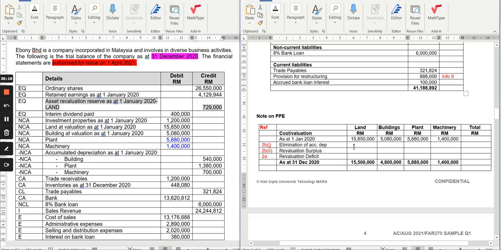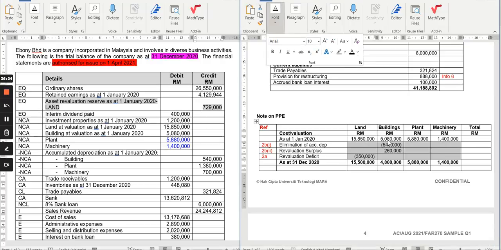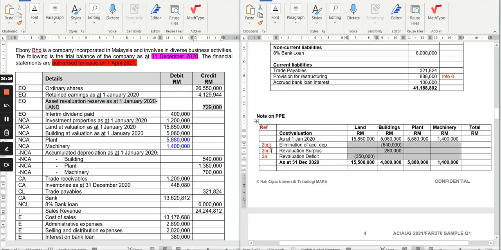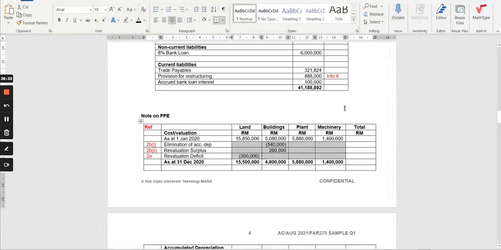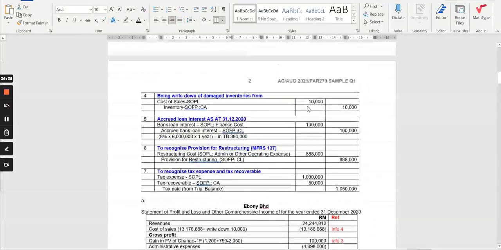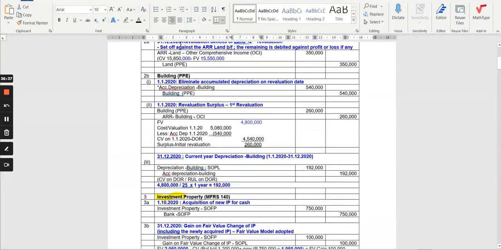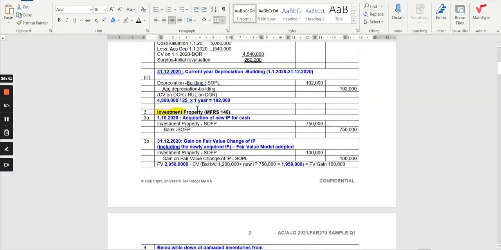Elimination of accumulated depreciation has to be done. This is referring to adjustment number 2B1. So if you can go back to 2B1, which is the adjustment on elimination, you need to go and do that, right?